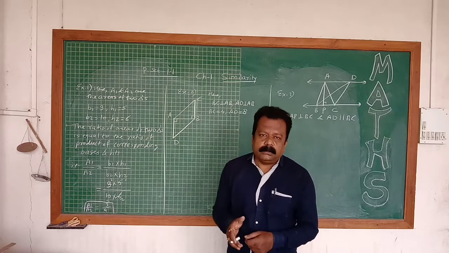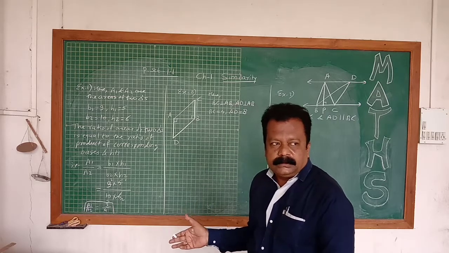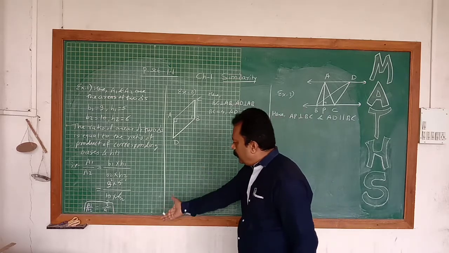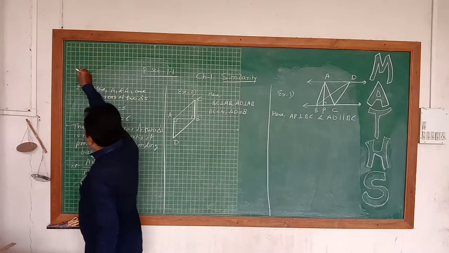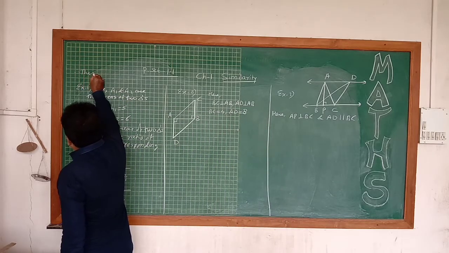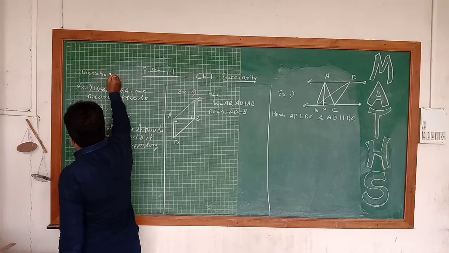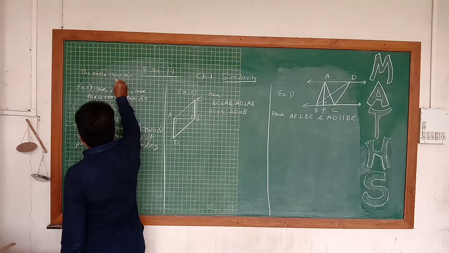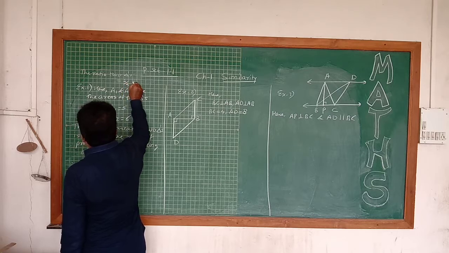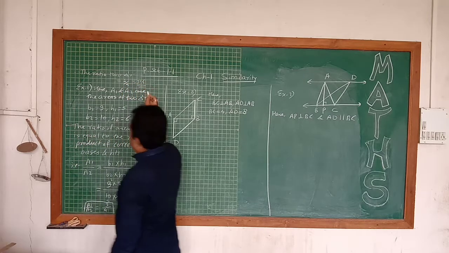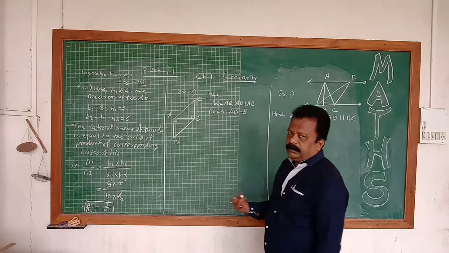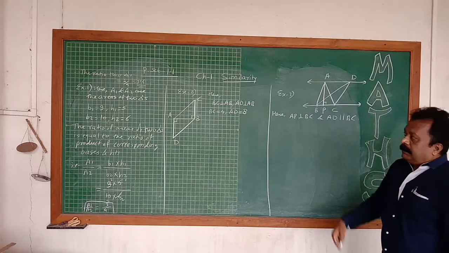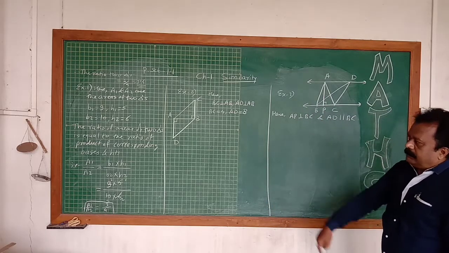Now the question is, find the ratio of these two triangles. So write below that: therefore, the ratio of the two triangles is equal to 3 upon 4 or 3 is to 4. Like this, you have to write the full answer. Now try to understand the second.